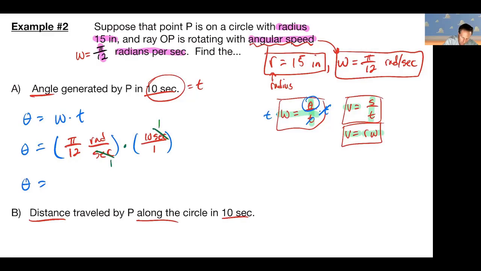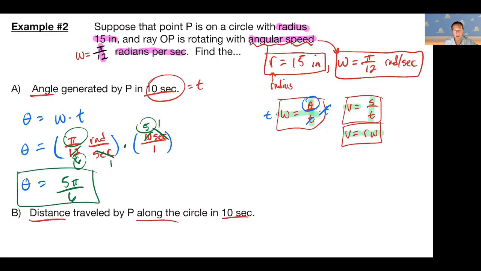And then since we're multiplying, we can also cancel the 10 and the 12 by 2 to get 5 and 6. So multiplying straight across, we get 5 pi on top and just 6 on bottom. And the rest of the units canceled out, so it's just radians. We knew that because it's in pi for an angle. Right? If you want to write it, fine. If not, no big deal.